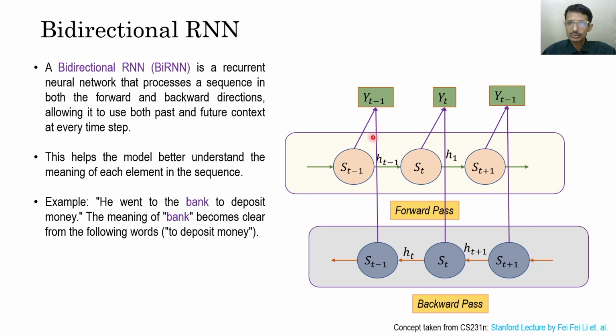Here ST-1 is coming, and this is the forward path, this is the backward path, with the future context and the past context. So this is bidirectional.